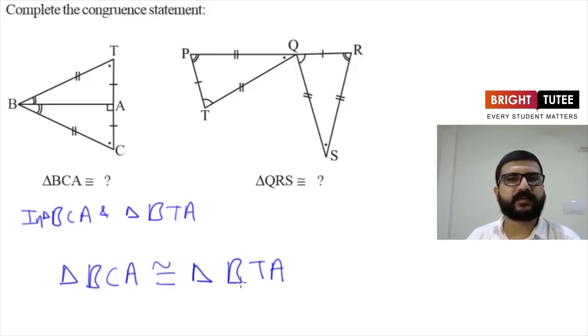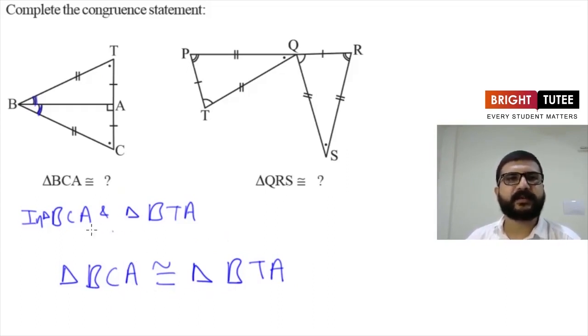Angle B of triangle BCA, this angle marked here, is equal to angle B of triangle BTA, which is this angle. Angle C is equal to angle T, and angle A of triangle BCA is equal to angle A of triangle BTA, as they both are 90 degrees each. So vertex B corresponds to vertex B, C corresponds to T, and A corresponds to A. This is how we can complete the congruence statement.